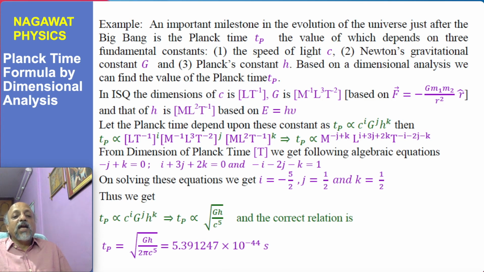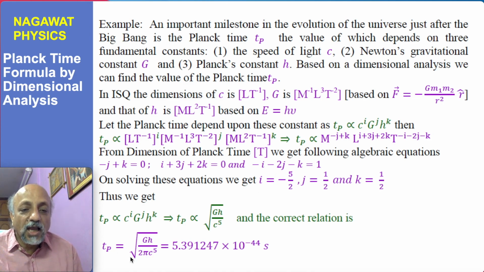And therefore we get a formula for Planck time as the square root of the whole quantity Gh divided by c raised to power 5. So that is the case. And in fact, the correct relationship also involves a factor of 2 pi in the denominator, and the correct expression for Planck time is given here as the square root of Gh divided by 2 pi c raised to power 5.